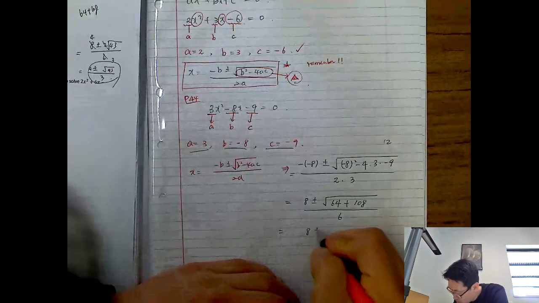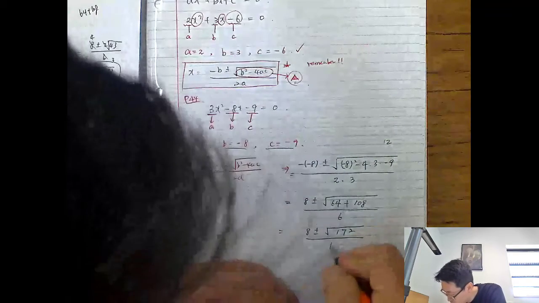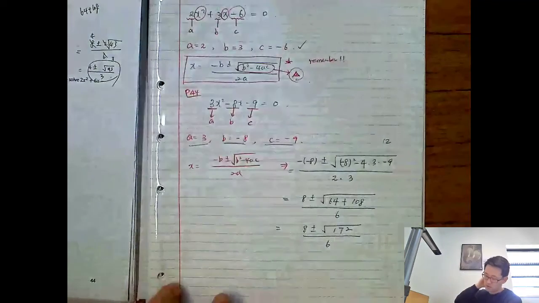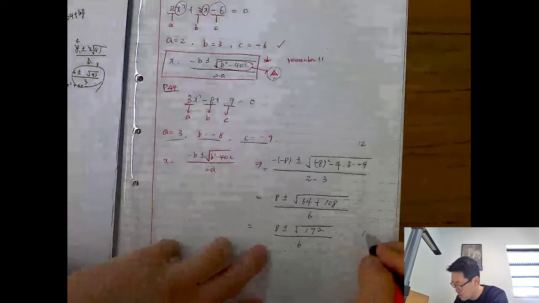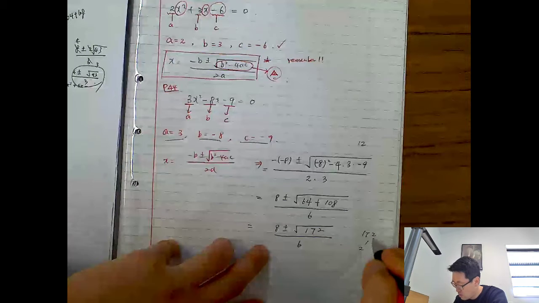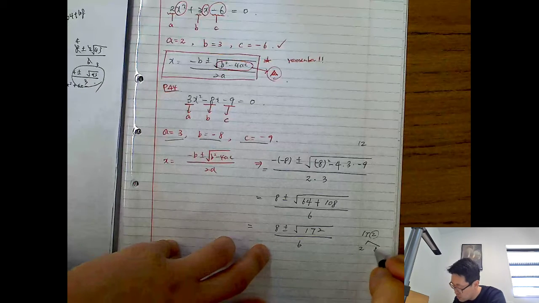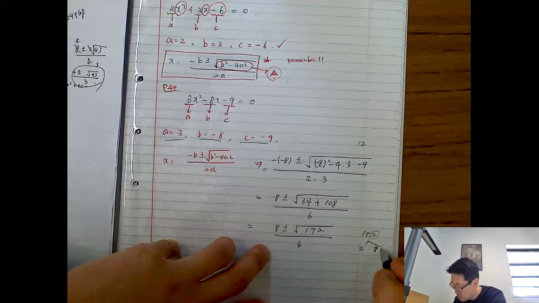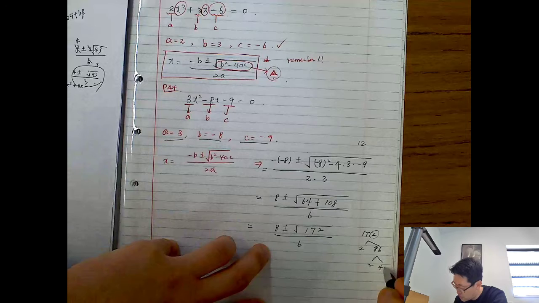And then 8 plus minus square root 172 over 6. Can we cancel things out here? Yes, looks like it. Let's go, 172. This is an even number, so I can divide by 2: 2, 86, and 2, 43.